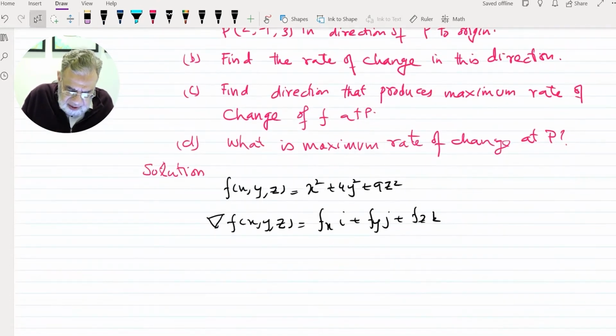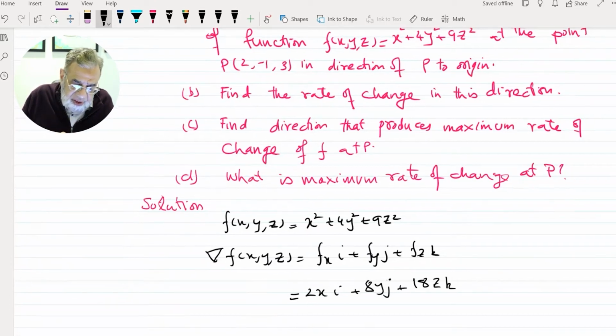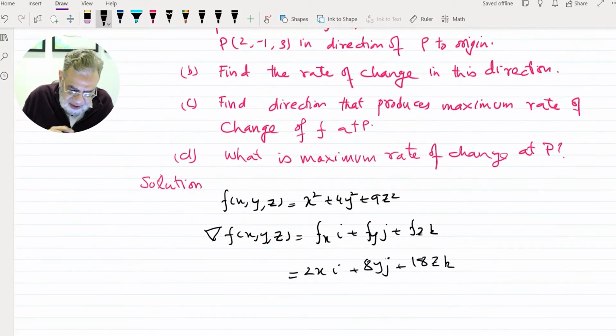So we just take the derivatives. We get f_x is 2x, with y and z constant, so 2x i, then 8y j, with x and z constant, then x and y are constant, 18z k.